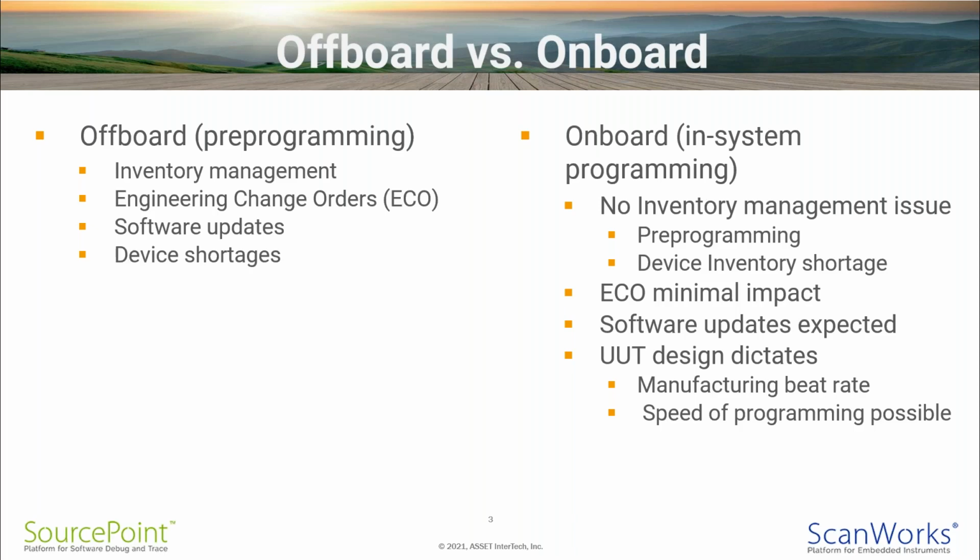Hassles with engineering change orders or ECOs due to extensive inventory can be eliminated. COVID has also brought about supply chain management issues. With in-system programming, constant software updates can be handled electronically without device changes, assuming that the image still fits. This is just one area that's changing.